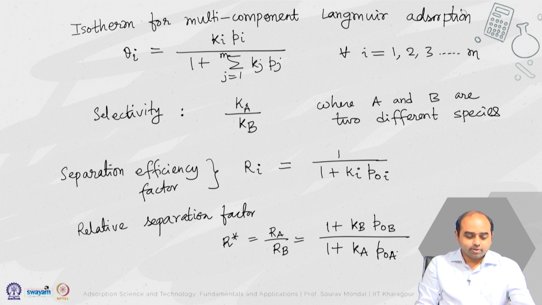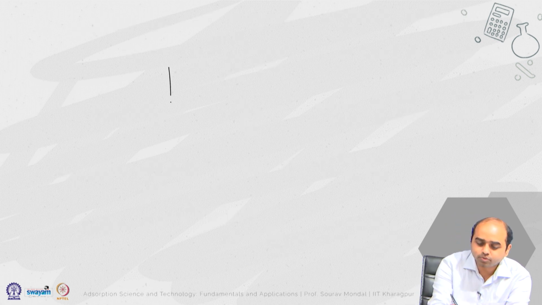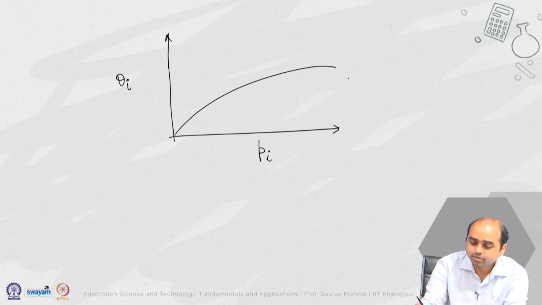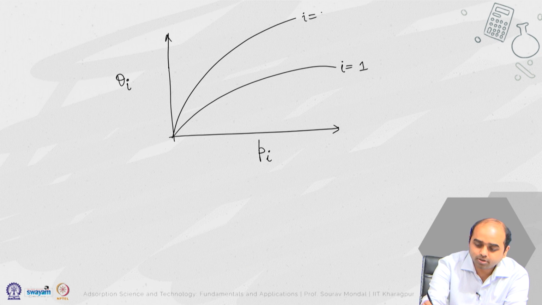In terms of its profile with respect to the partial pressure, it follows Langmuir type nature for any particular species i. So, this is for the ith species, let us say i equal to 1, it could be another, i equal to 2.